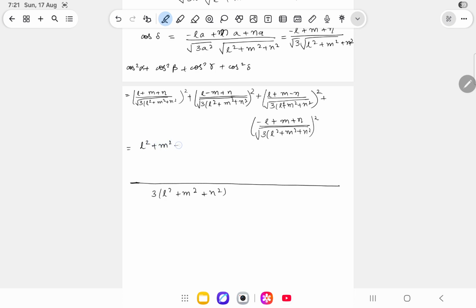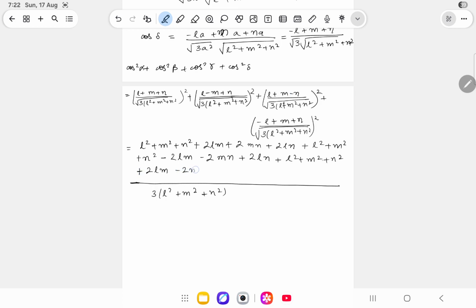We'll get L square plus M square plus N square plus 2LM plus 2MN plus 2LN, plus L square plus M square plus N square minus 2LM minus 2MN plus 2LN, plus L square plus M square plus N square minus 2LM plus 2LM minus 2MN minus 2LN, plus L square plus M square plus N square minus 2LM plus 2MN minus 2LN.